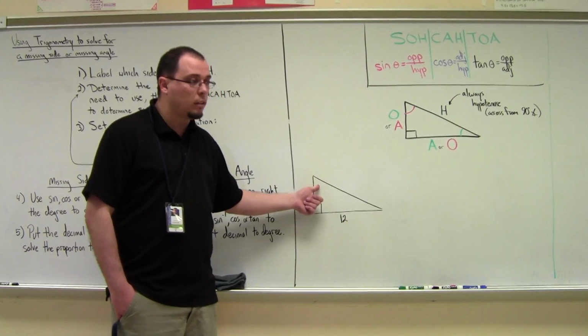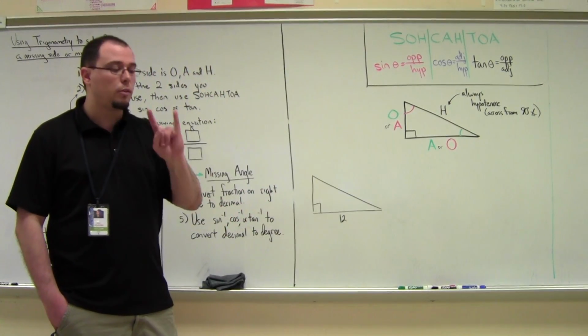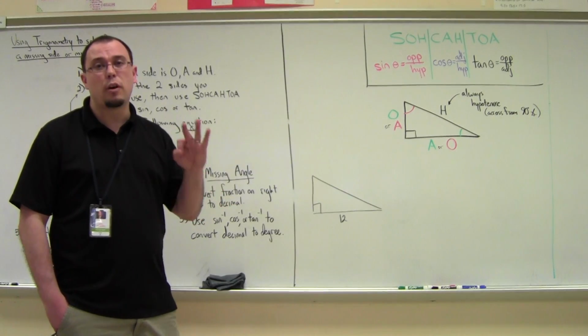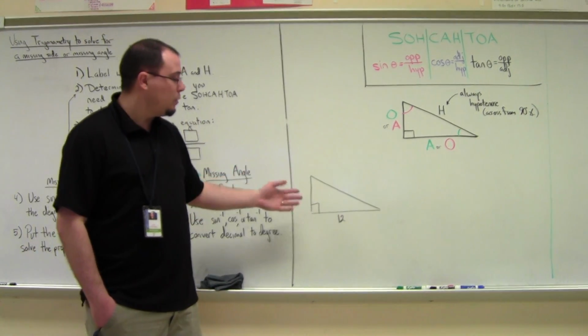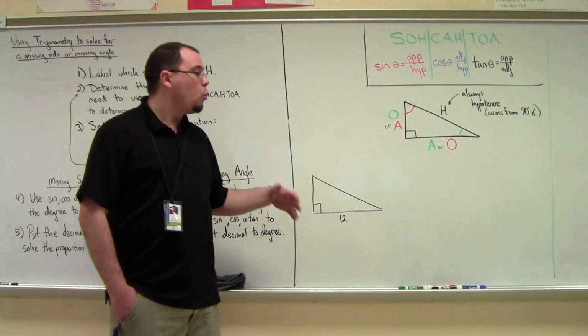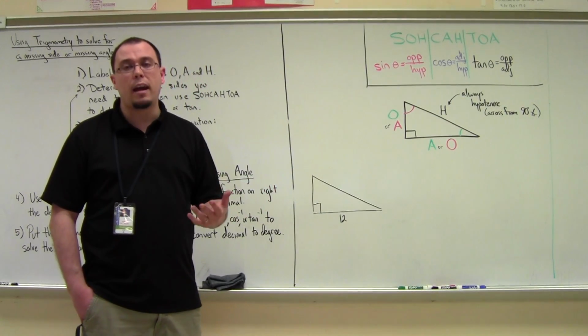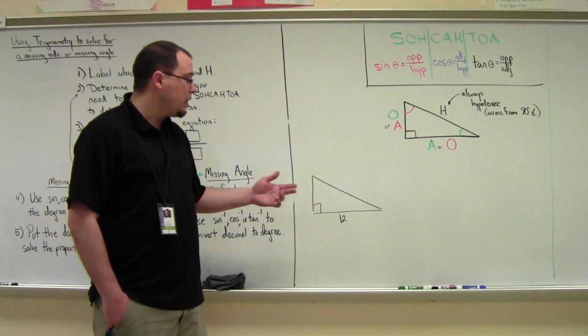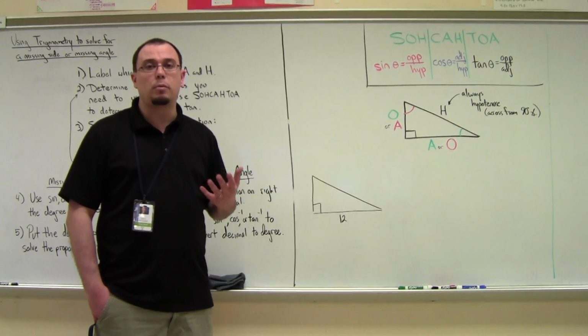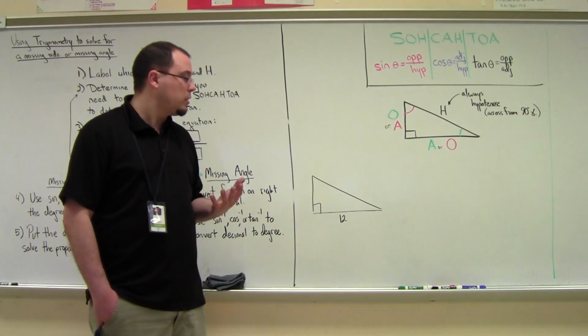So if I give you one angle that's not 90 degrees, that means you have two angles, which means really you have all three. If I give you a side, what we're going to know, because it's a right triangle, is that there's a certain ratio that must be there with the other sides for this to work.